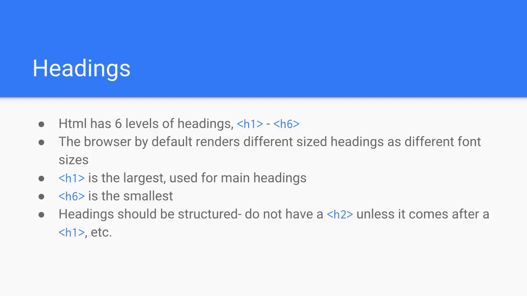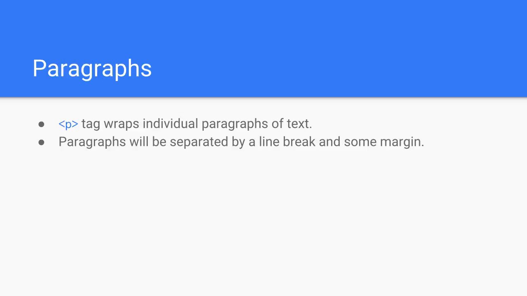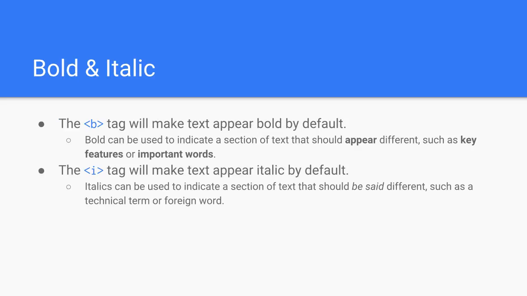That kind of thing. After that, we have paragraphs. So paragraph tags wrap individual paragraphs of text. They'll be separated by a line break and a little bit of margin. So again, think of paragraphs in a newspaper. How are they styled? They're on a new line, and they're maybe separated just a little bit. So a paragraph tag or a P tag is how we'll do that.